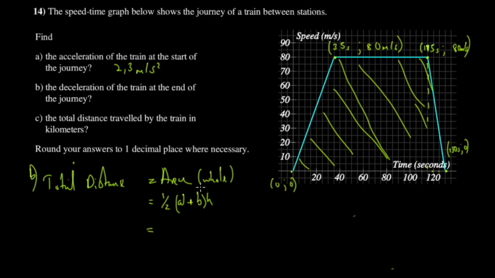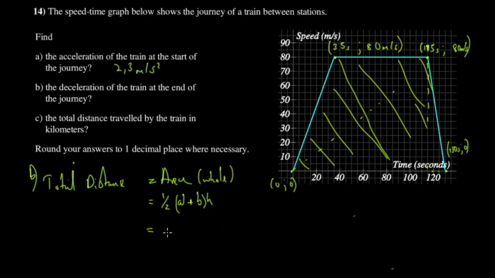Why? Because it's simply half AH plus half BH, since it's two triangles. This is where we get the formula for the area of a trapezium. Some people write it as h over 2 times a plus b, still fine.